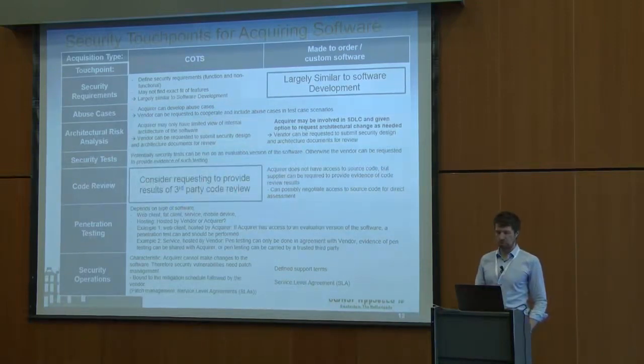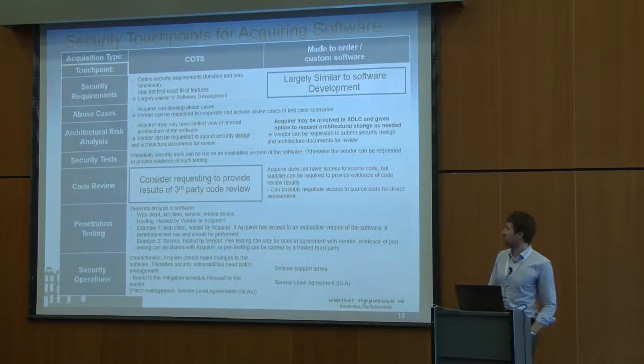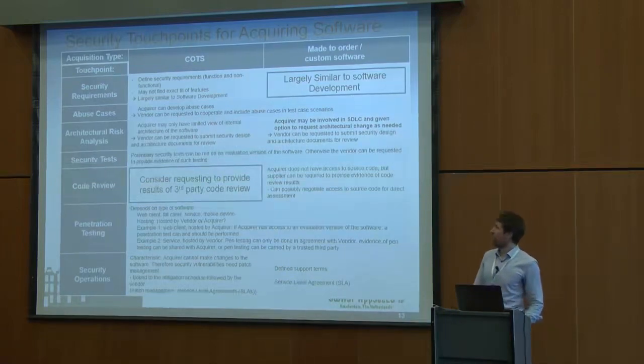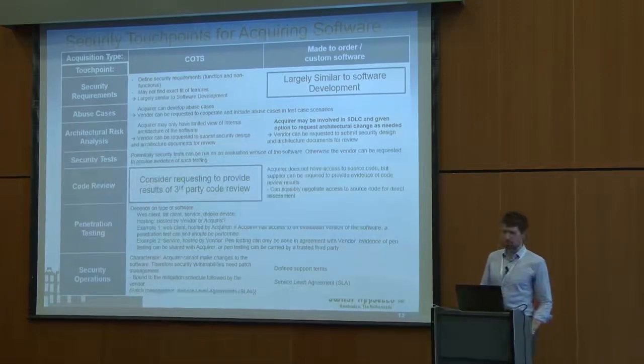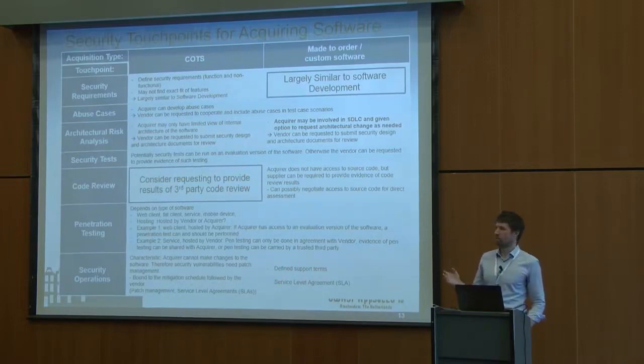But for code review, for example, if you have commercial off-the-shelf software, you normally don't have access to the source code, of course, so you can't do code review yourself. So one option here would be to consider requesting the supplier to do a code review and share the result with you. That code review would have to be done by a third party. So that's one case here.